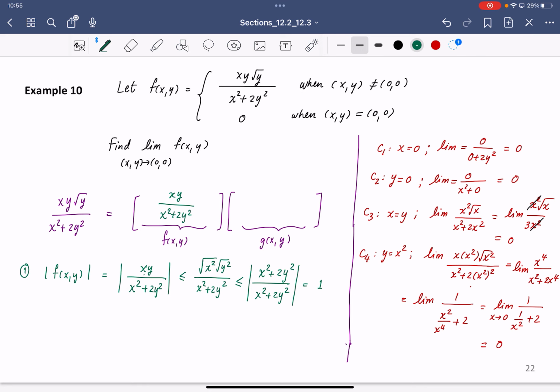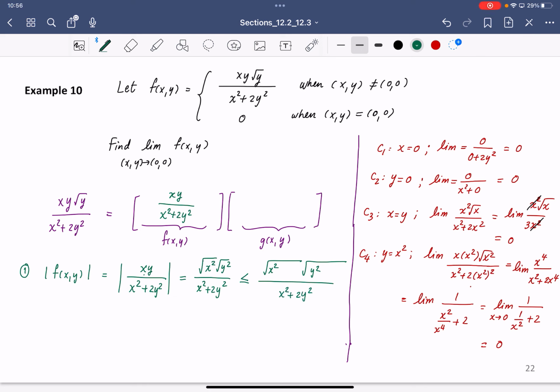Because x is the square root of x squared, and y is the square root of y squared. Now this is actually an equal sign, and then we have this less than or equal to the square root of x squared times the square root of y squared.